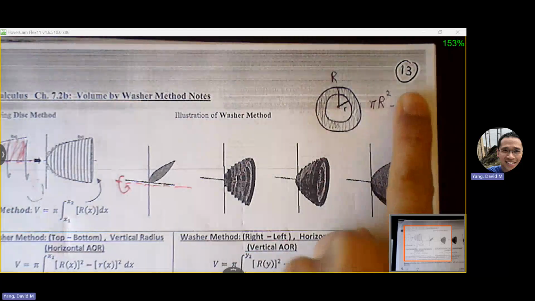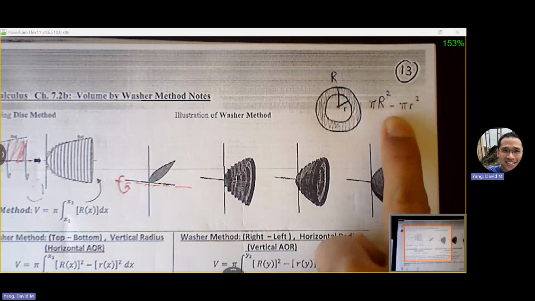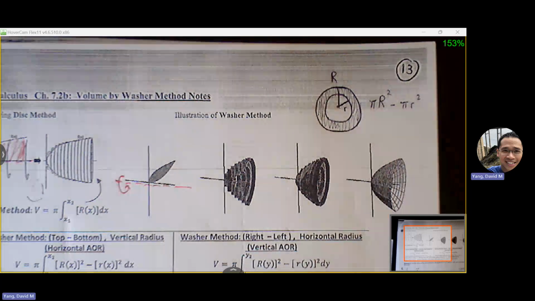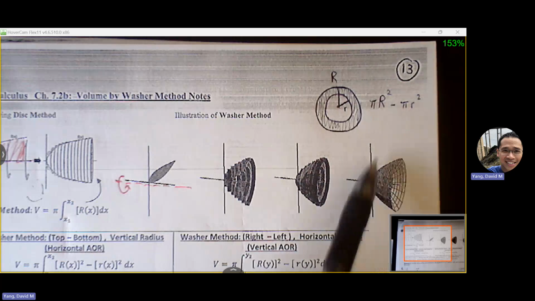With the disk method, it was just pi big R squared. But with the washer method, or circular ring method, it's going to be pi big R squared minus pi little r squared. That's really the only thing we have to worry about for this type of problem. We have to subtract out the hollowness or the hole in the object.